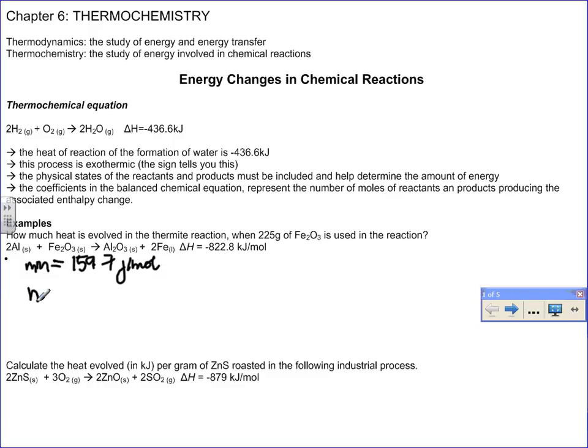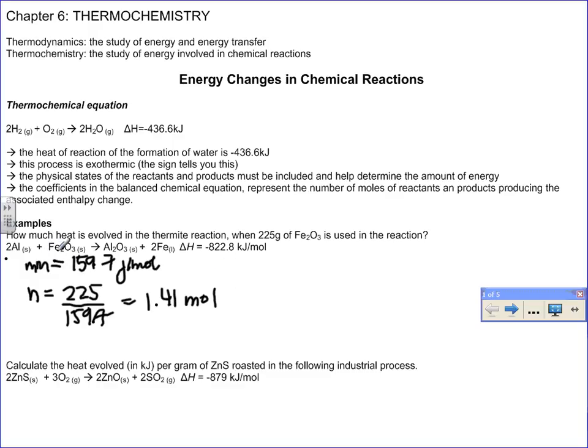So to find the moles of iron oxide, it's going to be 225 grams divided by 159.7. So we're actually working with 1.41 moles of rust.